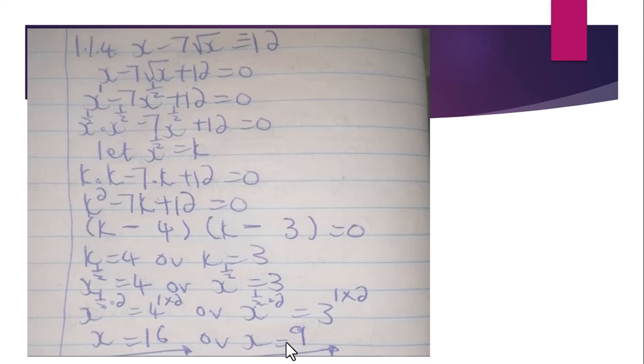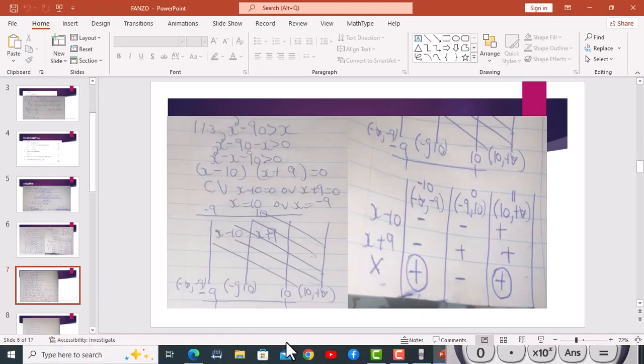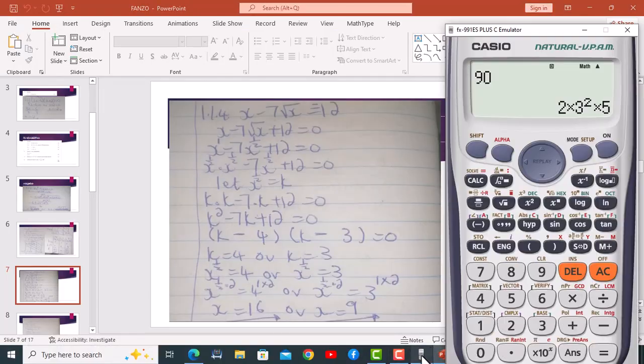Let us try to check whether both values are valid or not. Very important that we do that. So let me just quickly come here. And what I want to do there, I'm going to substitute here. So I'm going to take the first value of x, I'm going to substitute with 16 here.